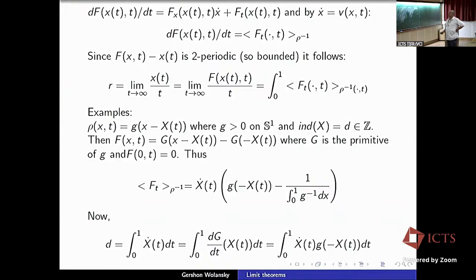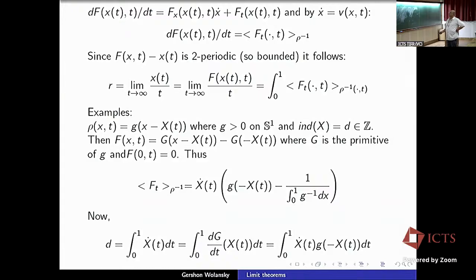And then we take the average of f with respect to 1 over rho.